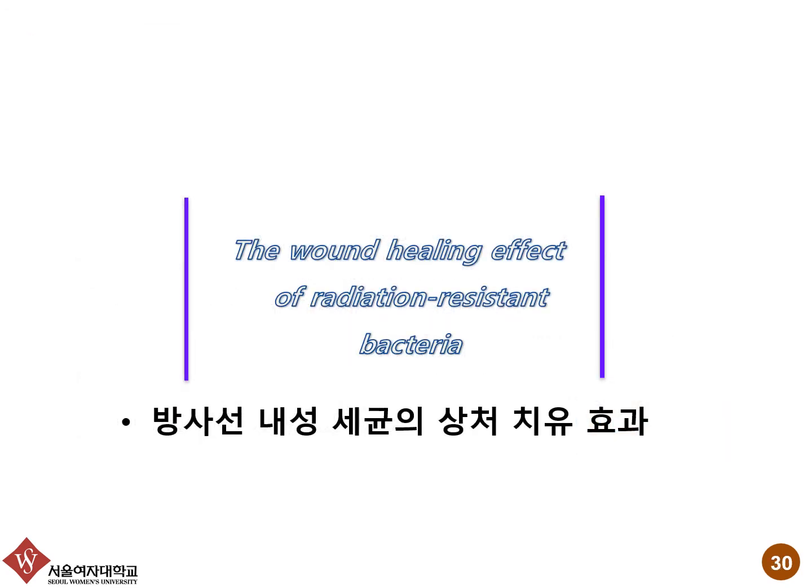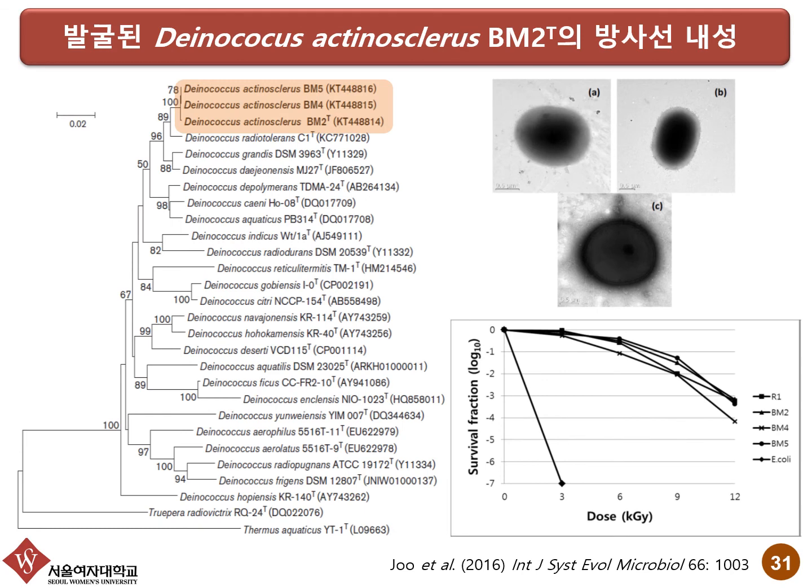And we also found that some of the radiation resistant bacteria have a wound healing effect. So one of the Deinococcus, the BM2 strain, that's the Deinococcus actinodurans, which was isolated from Korean soil, shows almost similar radiation survival rate compared with the Deinococcus radiodurans.